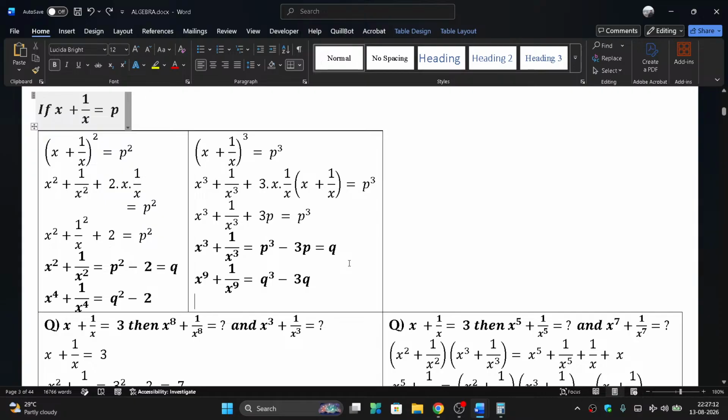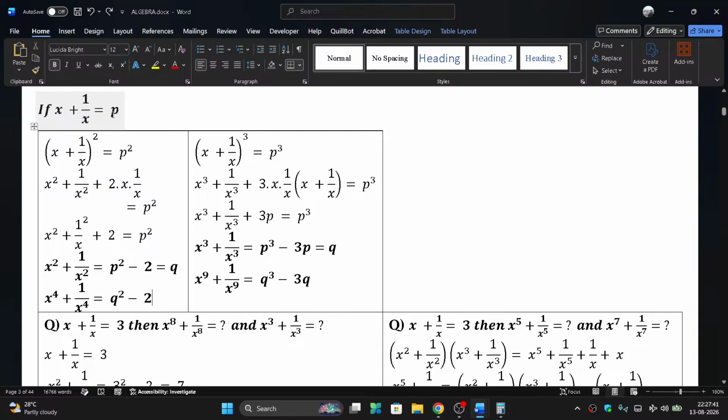And x to the power 4 plus 1 by x to the power 4 equals q square minus 2, and this I can assume as r, and x to the power 8 plus 1 by x to the power 8 would be r square minus 2. Okay, this goes on.